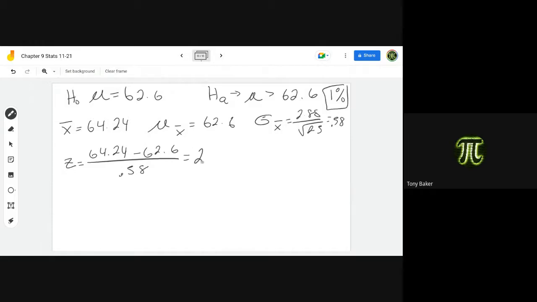So I've got 2.83. Yes? No? Think I calculated it right? I did use a calculator, but I could have typed numbers in wrong.